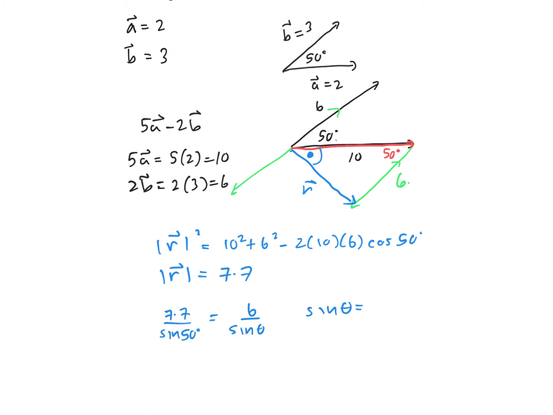So sine theta will be 6 times sine 50 divided by 7.7. That angle works out to be 37 degrees, and it is in relation to vector A. Remember, this one was vector A. That's the closest one. It doesn't make sense to have it in relation to vector B because vector A is closer.